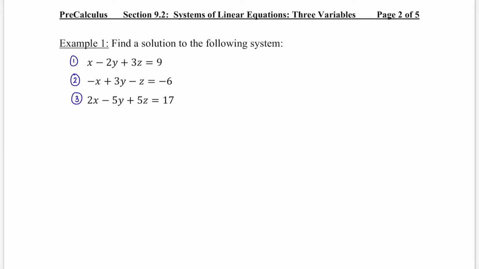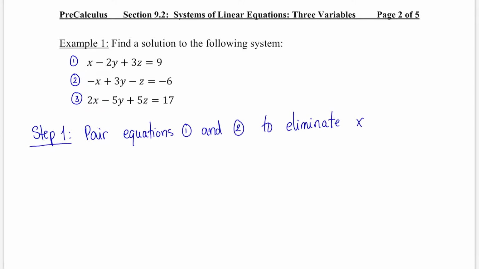Step 1, I will combine my first and second equation in order to eliminate x. My equation 1 is x minus 2y plus 3z equals 9. And equation 2 is negative x plus 3y minus z equals negative 6.